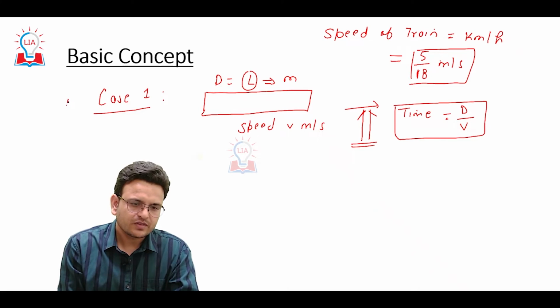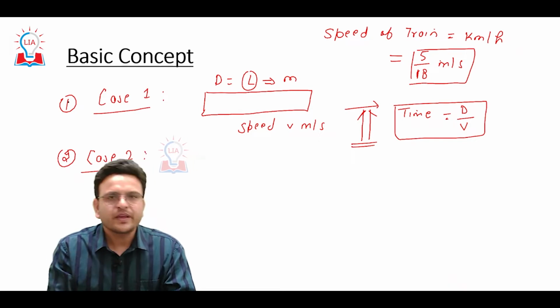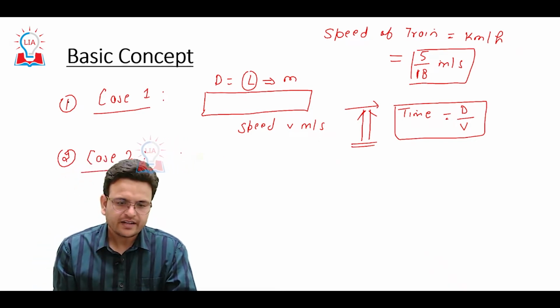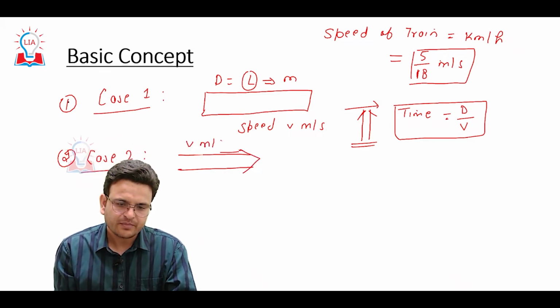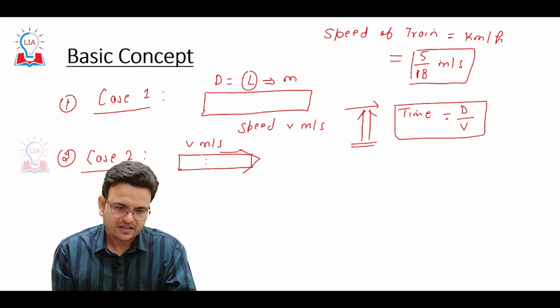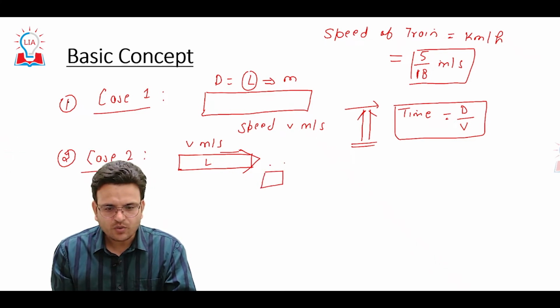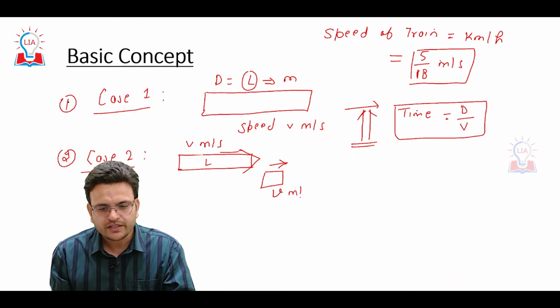Now the second thing, case 2. In case 2 we are talking about a train moving at a speed of v meter per second, length of the train is L meter. Here we have one car which is also moving in the same direction with u meter per second.